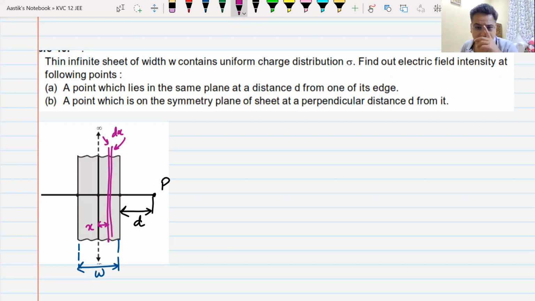Now this small part will become an infinite wire. And then you will have to find out the field due to this wire. All the electric fields will be going in the same direction. If it is a positive sheet, all the electric field will be going in this direction. So once you find out the field due to one line charge, you integrate it and you get the electric field due to all the line charges put together.